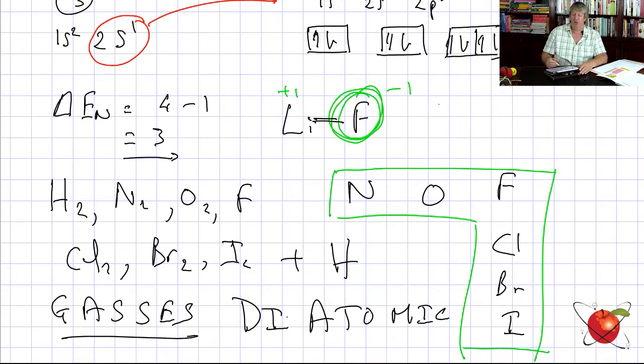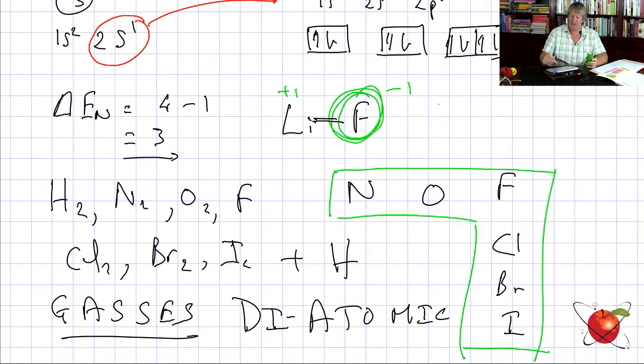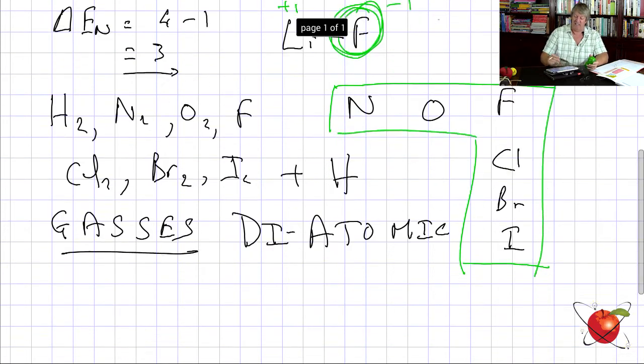Okay, 2 atoms. So, in order to make it more realistic, here we are. There's chlorine, there's fluorine. They always exist together, the 2 atoms joined to form a molecule of those 2, and they're called diatomic gases.